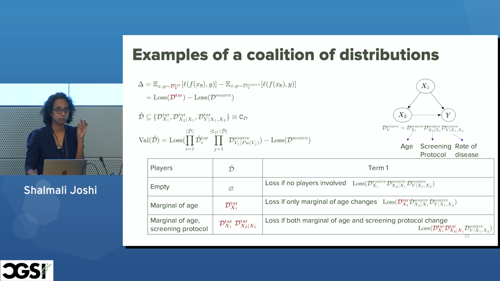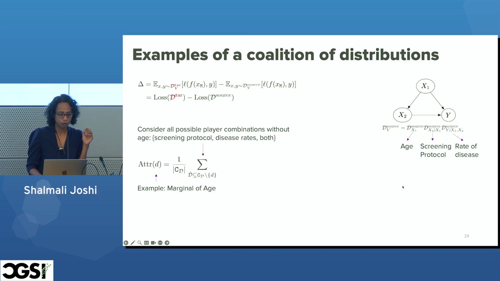Each distribution pair is a player, or members of the distribution set are players. So let's say the set is empty, which means no distribution is changing from source to target. When no distribution is changing, we only care about the loss as if all of the intermediate distributions were the same as in the source. And so we care about a loss function where nothing has changed.